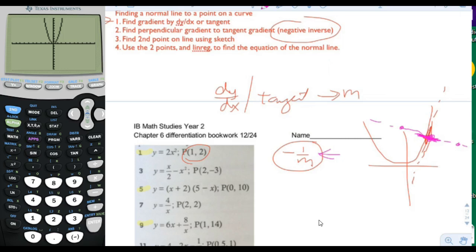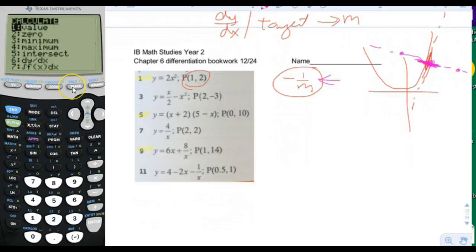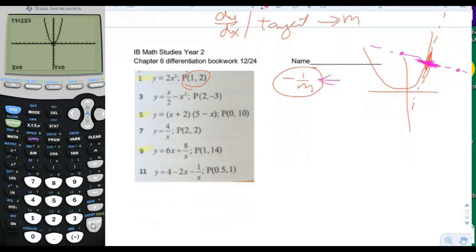Okay, many steps. First we're going to find the gradient at x equals 1. We could do that using dy dx or tangent. To find dy dx, it's second calc. And we go to dy dx, which is 6. And then we go to 1.1, or x equals 1.